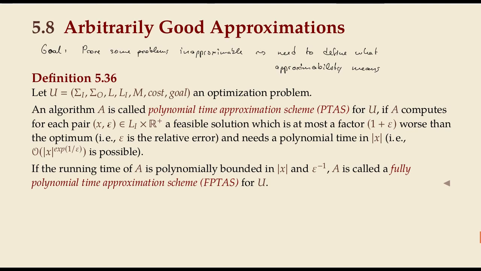some parameter epsilon, computes a solution that's feasible and is at most a 1 plus epsilon factor worse than the optimum. And it should need polynomial time in X. So a PTAS means we have not just a single approximation algorithm, but a parameterized approximation algorithm that we can give a desired relative error, and then it should just compute a solution that has this kind of guarantee.